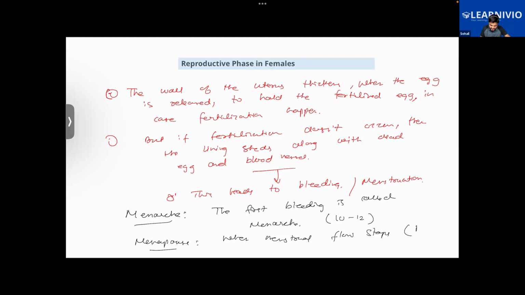It stops by the age of 45 to 50 years. Now, this whole menstrual cycle that occurs every 28 to 30 days is because of the female hormones. Keep that in mind.